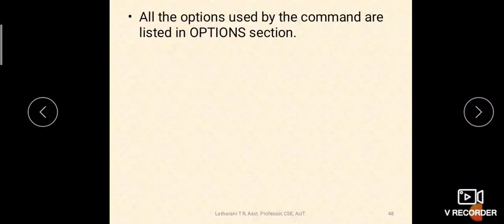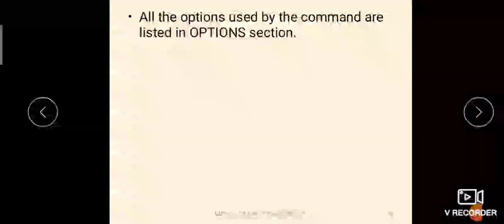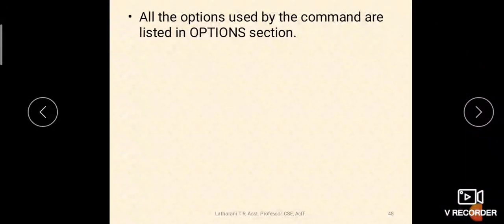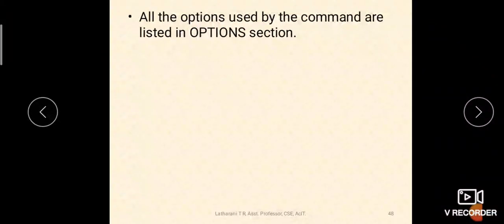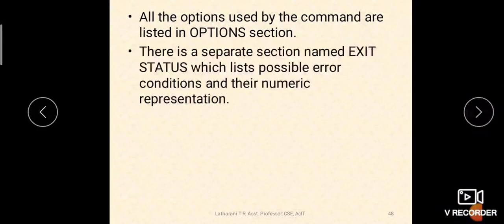Likewise, one command may have multiple options. ls has still more options, we will see later. So, all the options available with a particular command, and what operation each will perform, are present in the options section.